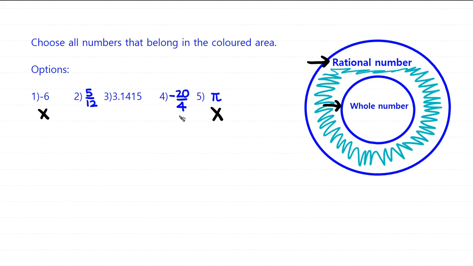And this -20/4 can also be expressed as -5 if you simplify it, which is a negative whole number, so it does not belong in the colored area either. So our answer is 5/12, 3.14 and 15.